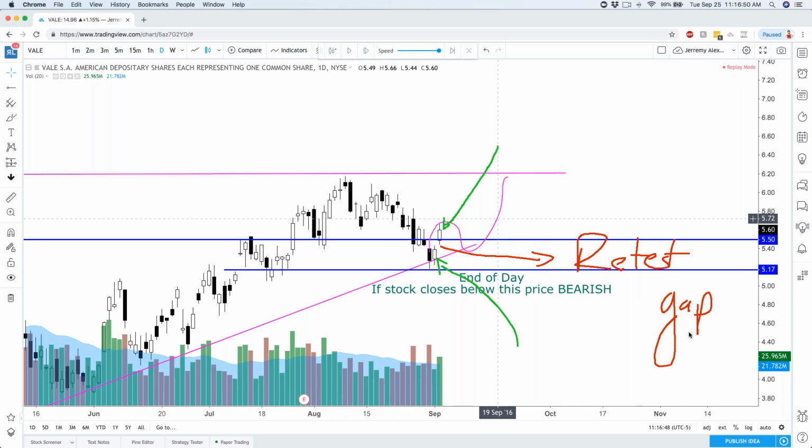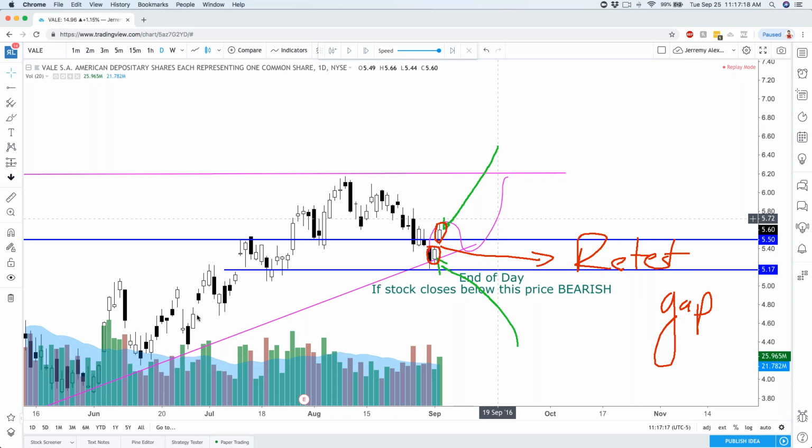A white candle gapping up, aka a bullish candle gapping up, is what I refer to as a retest gap. Now, why do I call it a retest gap? Because the buyers who bought on the first day are now profitable on the second day. So most likely they're going to start selling at some point, and that gap will oftentimes fill.